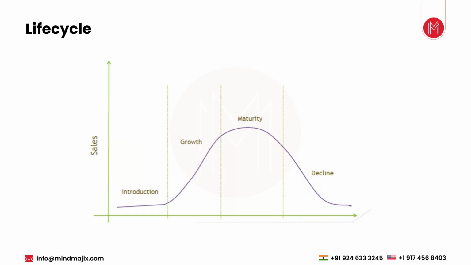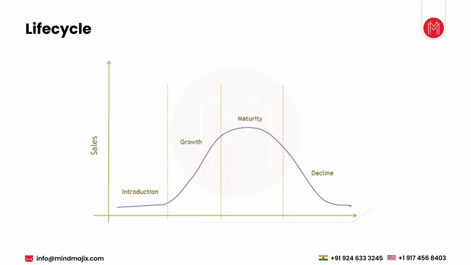So introduction, then growth, then comes maturity. Any product has this life cycle. Let's take the example of Maruti 800. It launched maybe in 1980, but till 2000 it was at its peak. Whoever was able to afford it was able to buy the Maruti 800.